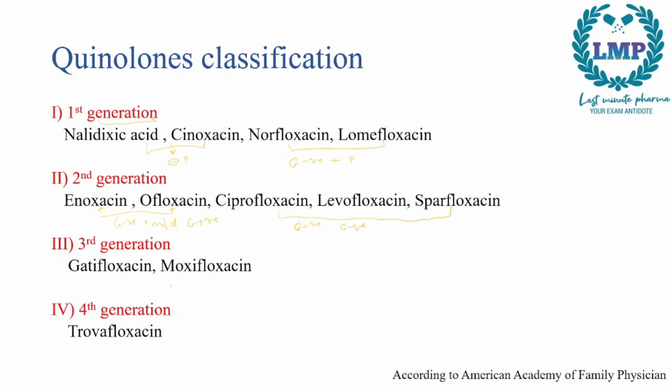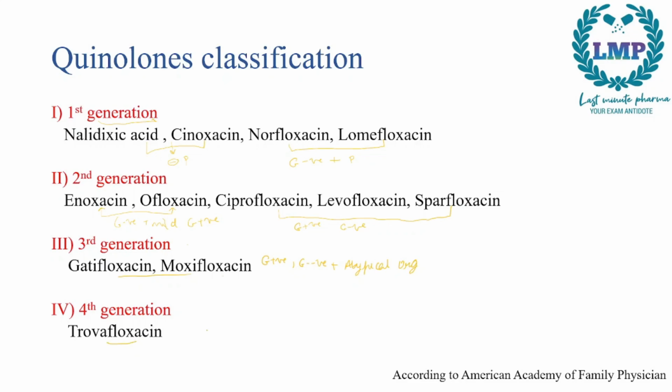Now next we have the third generation. In the third generation we have gatifloxacin and moxifloxacin. In this third generation they have gram-positive activity, gram-negative activity, plus they also have activity against atypical organisms. Whereas in the fourth generation we have trovafloxacin.